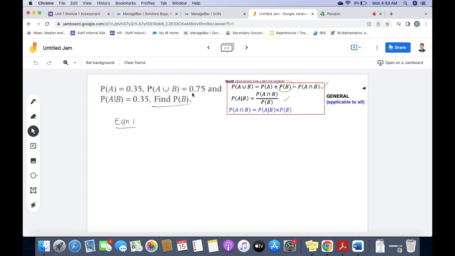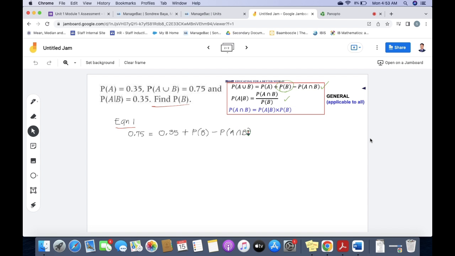We now have the probability of A union B, which in this case is 0.75, equal to the probability of A, which is 0.35, plus the probability of B, which is unknown, and minus the probability of A intersection B.